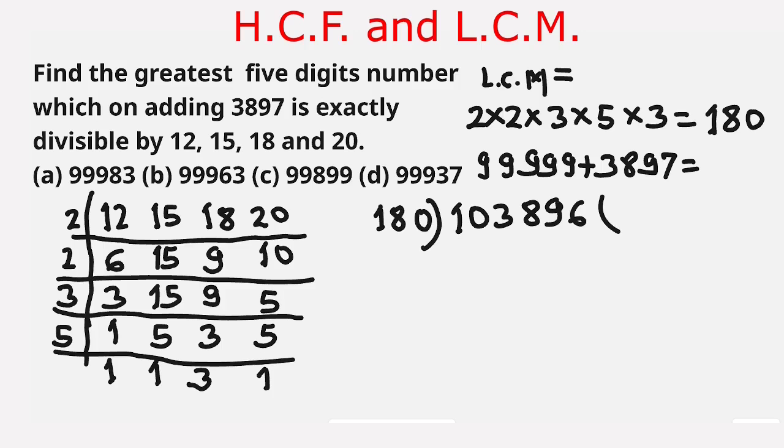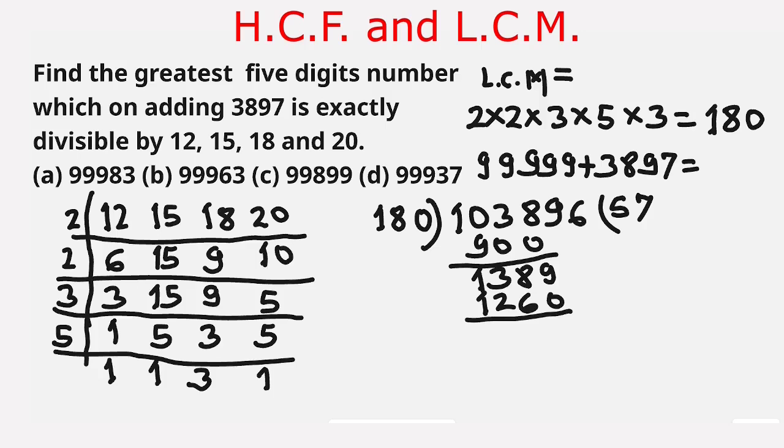180 divides 1038 for 5 times. 180 times 5 is 900. On subtracting we get 138. We carry 9. 180 divides 1389 for 7 times. 7 times 180 is 1260.